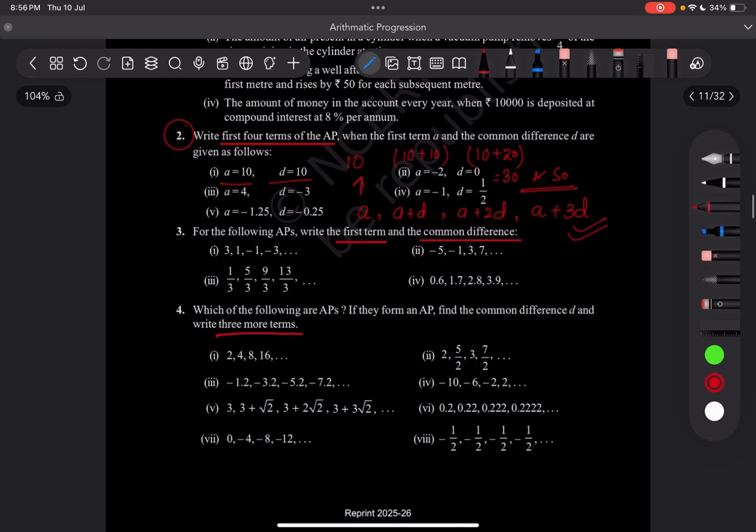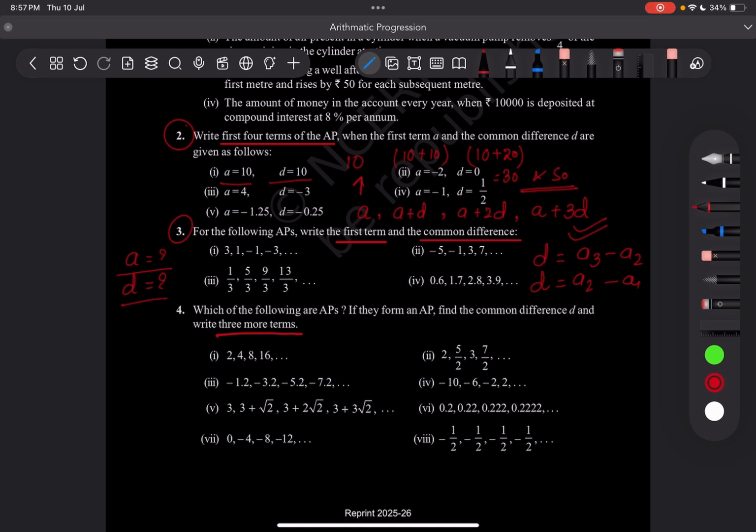Now let us talk about question number 3. In question number 3, the question is, for the following AP, write the first term and the common difference. You have to write the value of A, and then you have to write the value of D. To calculate the value of D, it is quite easy. We can write it as A3 minus A2, or we can write it as A2 minus A1.